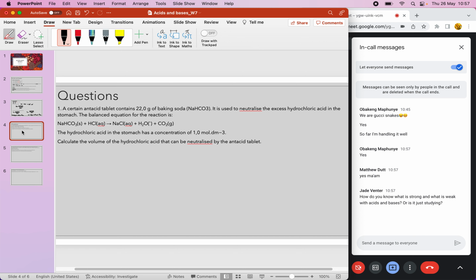In the textbook they sometimes have a question where you have to say which one is a strong base, whether this is a base or an acid. I think it's by studying, because most of the time they expect you to already know, especially in grade 12.